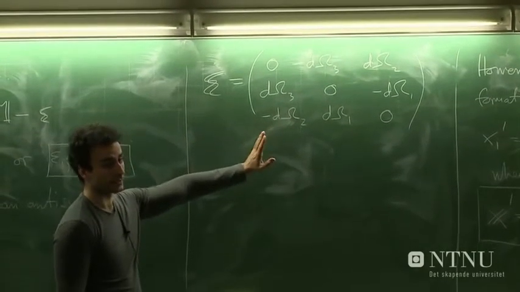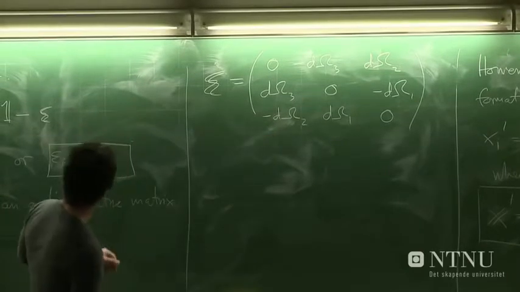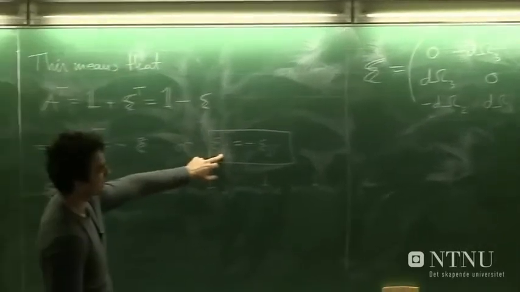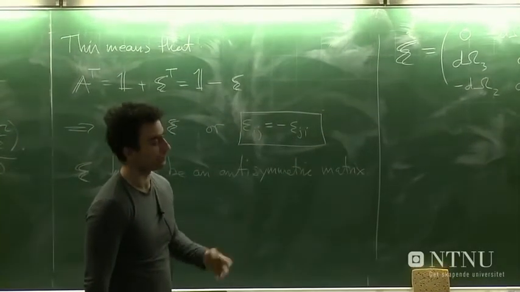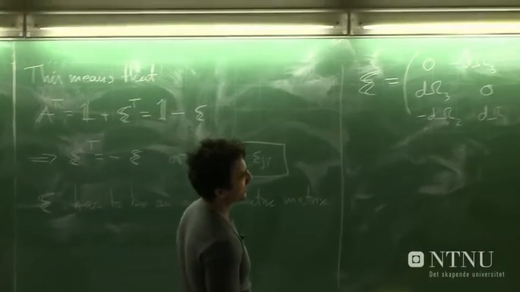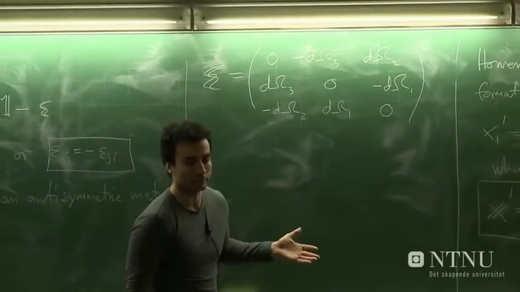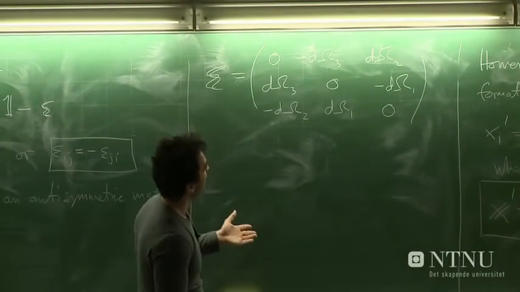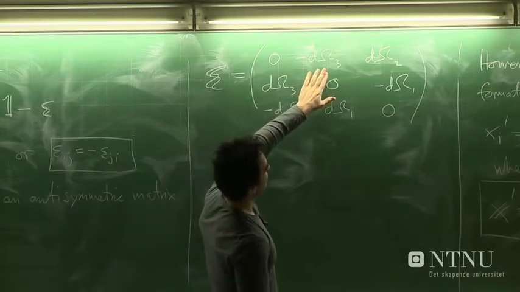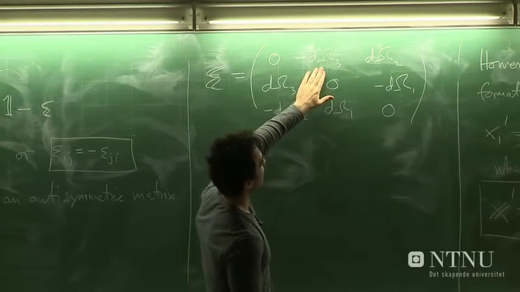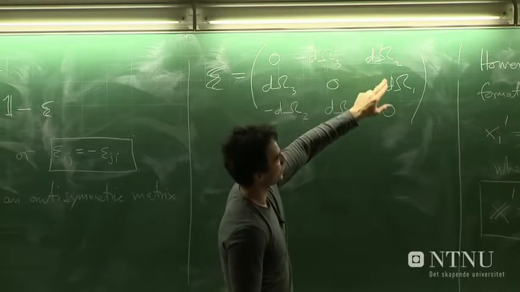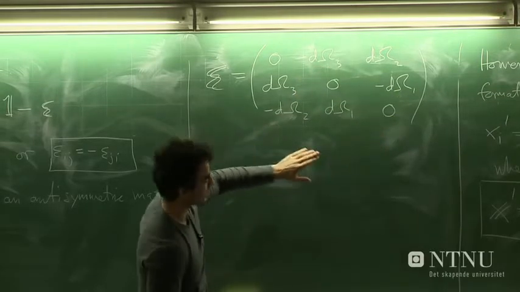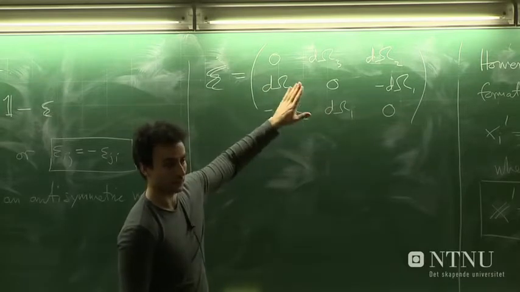The diagonal has to be 0, because epsilon ii should be equal to minus epsilon ii, which only has the solution 0. And for the rest of the elements, well, we just write some symbols. So if we have a value here, minus d omega 3, d omega 2 and minus d omega 1, then we immediately know what this side is due to the anti-symmetry.